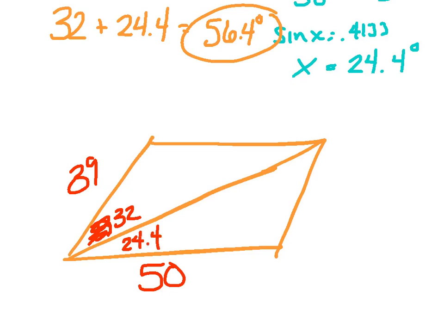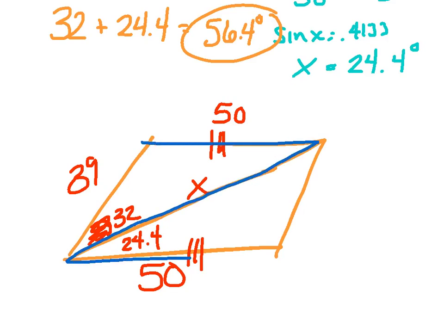Well, I think I can label every side and every angle in this picture. See if you agree. If this side's 50, then this side's 50. I'm going to use my Z, my alternate interior. If this angle's 24.4, then this angle's 24.4. Now think about this. If you know two angles in a triangle, can you easily get that third angle?